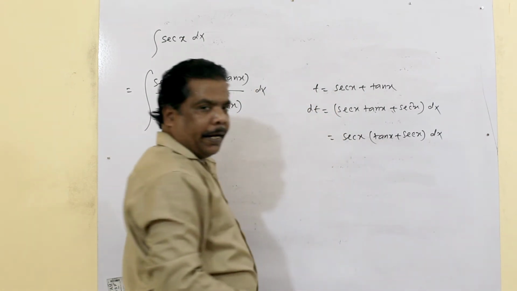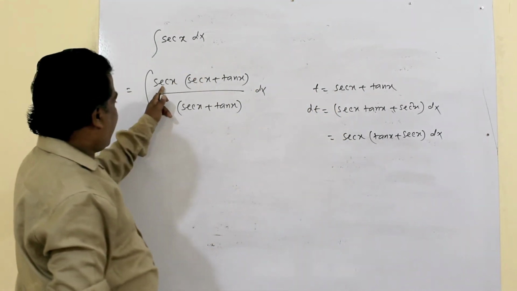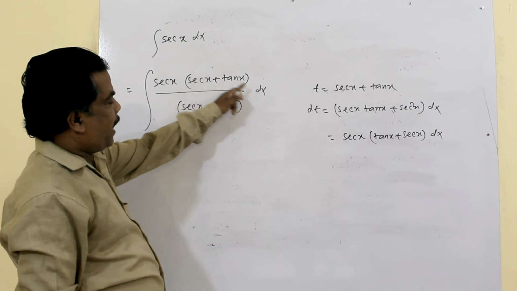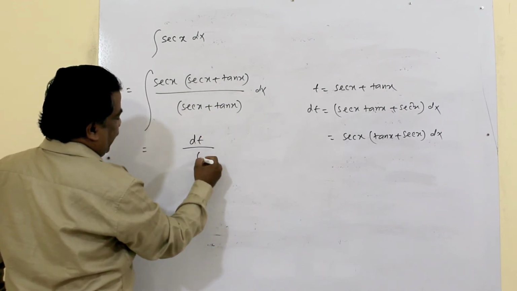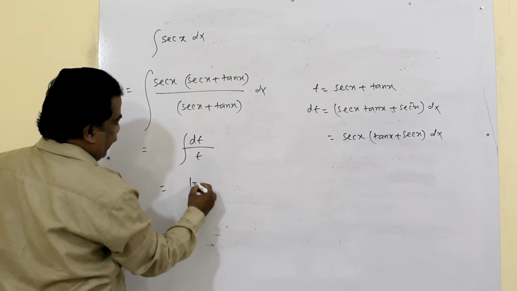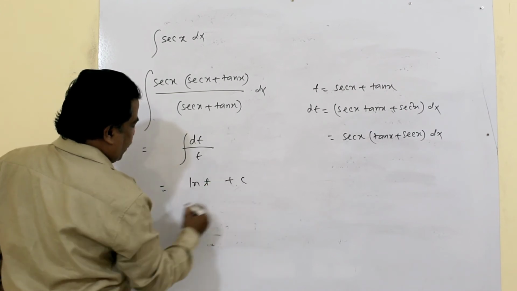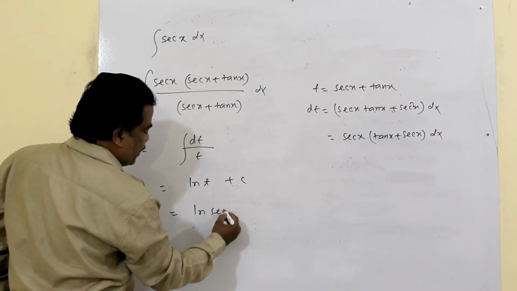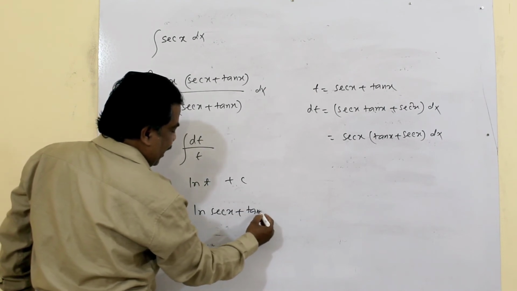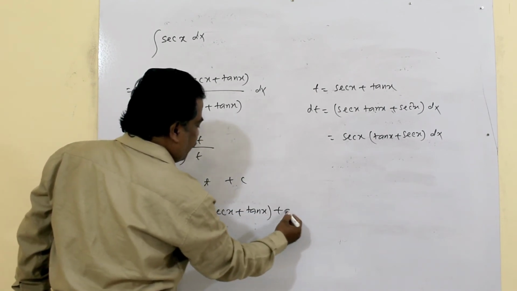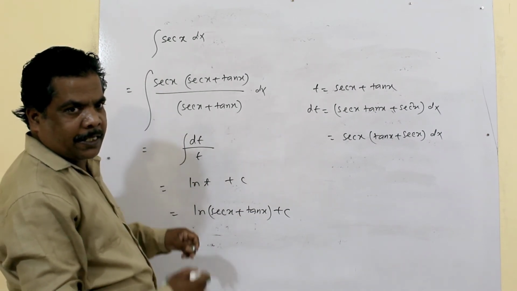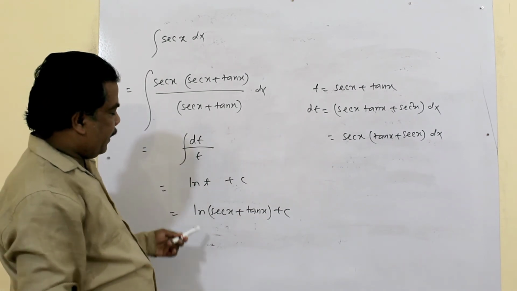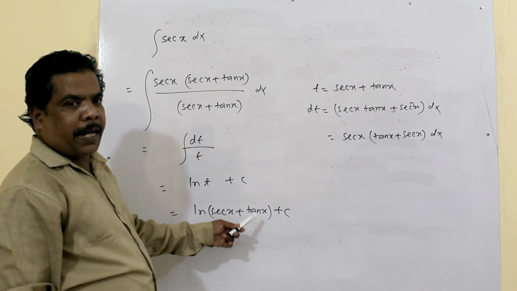So the numerator sec x (sec x + tan x) dx is dt, and the denominator is t. So ∫ dt/t = ln t + c, that is ln|sec x + tan x| + c. In this way we find the integral of sec x is ln|sec x + tan x|.